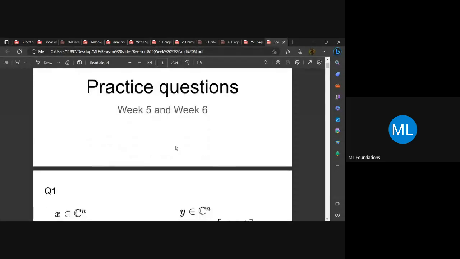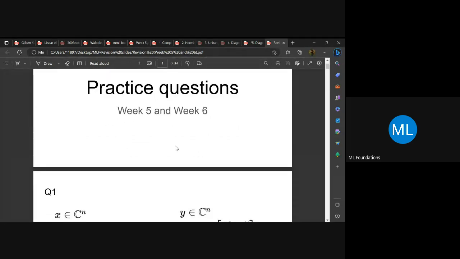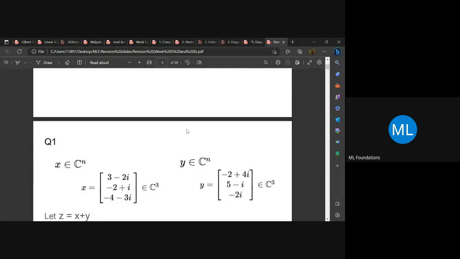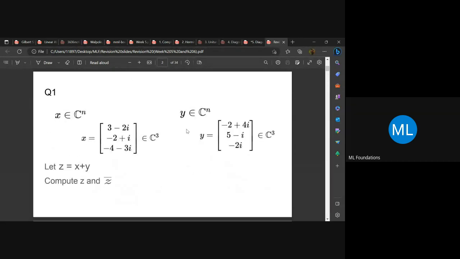All right. As you know, in week 5 we start with complex numbers. So let's do some very basic problems. First, x belongs to C3 and y belongs to C3.